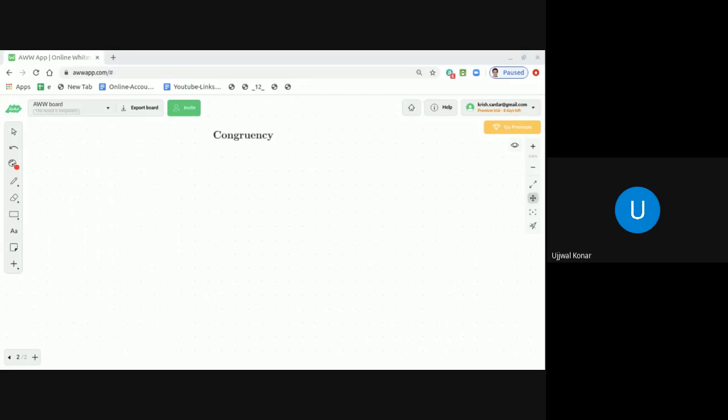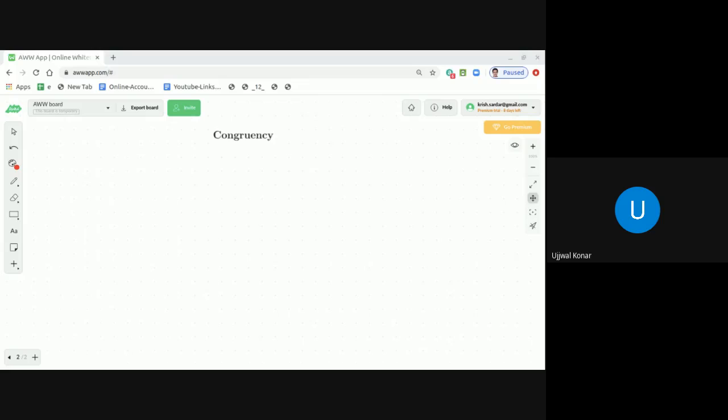What is meant by the term congruent? Congruent means equal in all respects, or figures whose shapes and sizes are the same. I repeat, congruent means equal in all respects, or figures whose shapes and sizes are both the same.